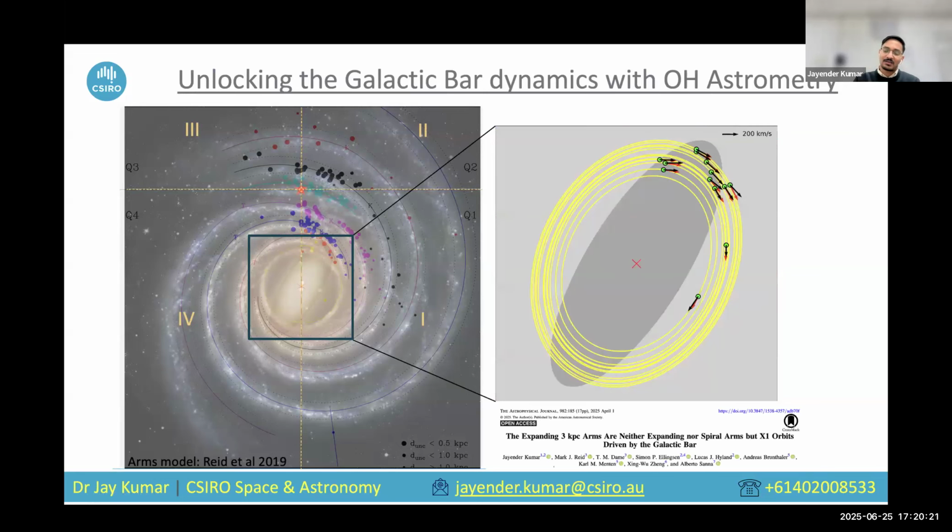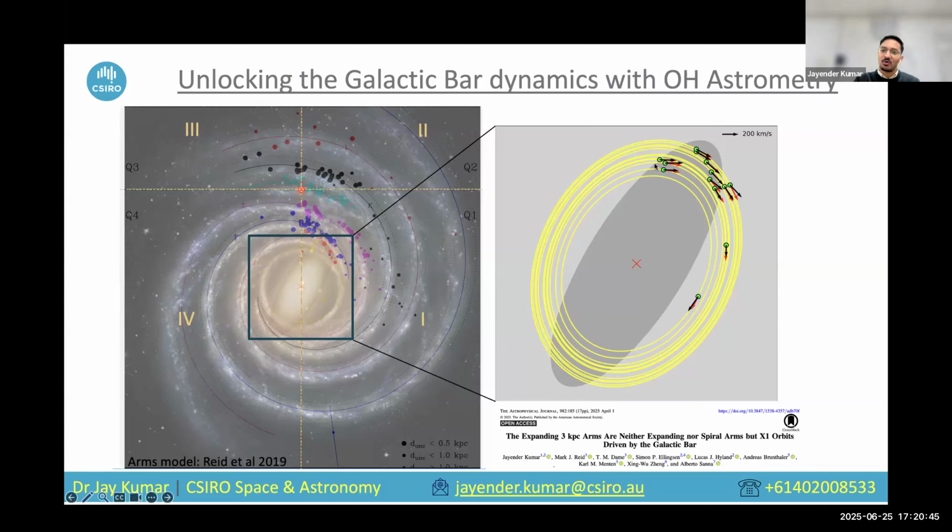But my results, which is me with my colleagues, we published a paper 3-4 months back, in which we have shown that the expanding 3 kiloparsec arms are actually not spiral arms. They are part of the outer orbits of the galactic bar, which are also called X1 orbits. So that's what we have found.